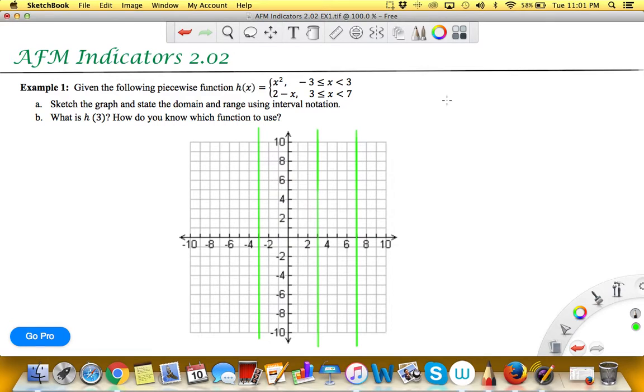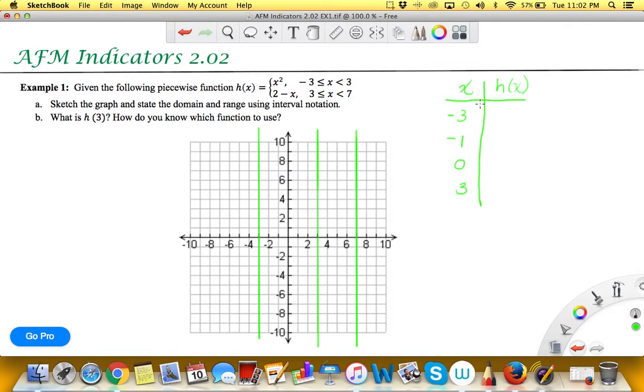Now if we go ahead and do a t-chart over here, let's do x, and then let's see h of x, okay? So I'm going to do -3, -1, 0, and +3.